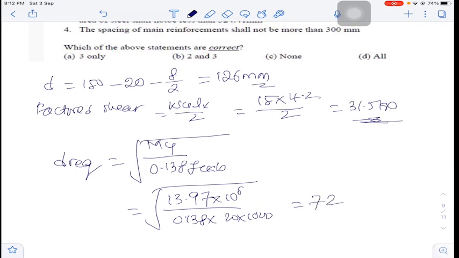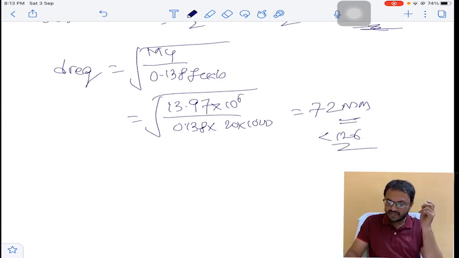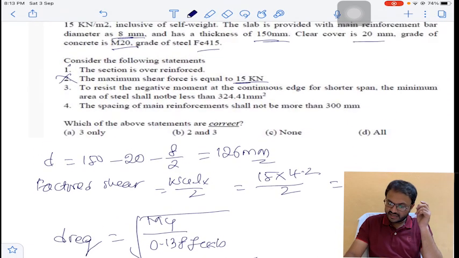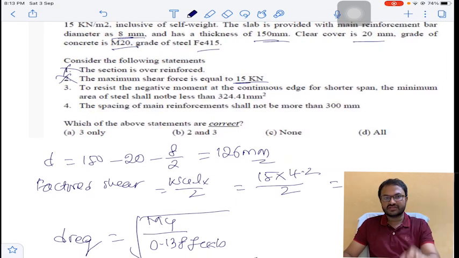So you will get 72 mm. But we have provided the effective depth as 126. The required depth is less, but we provided more. Obviously, it will become under reinforced section. But he has given in statement 1 it is over reinforced. So statement 1 is also wrong.